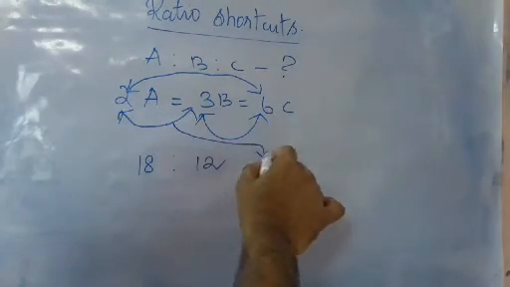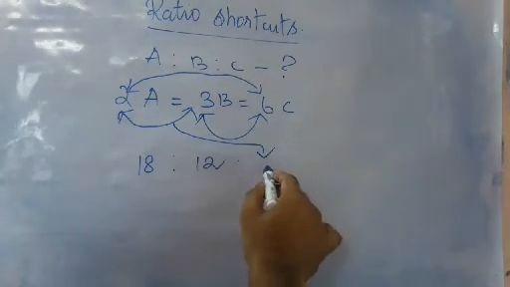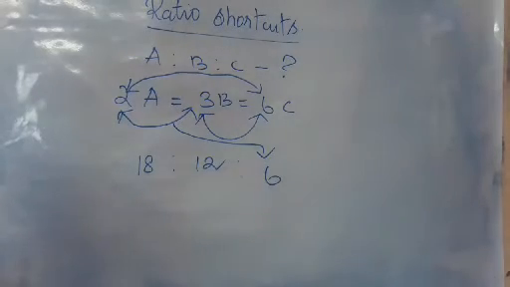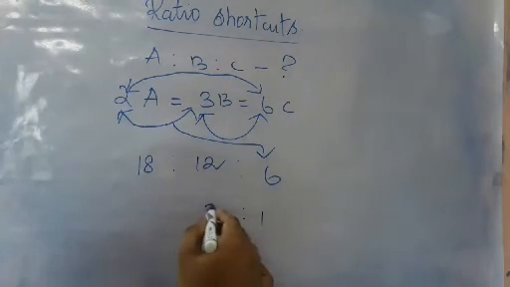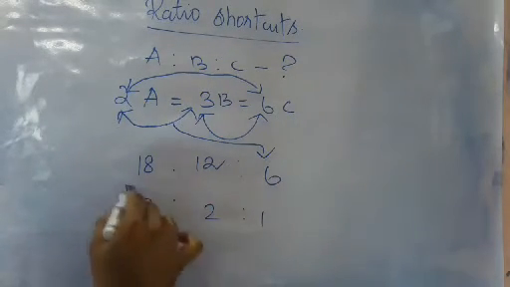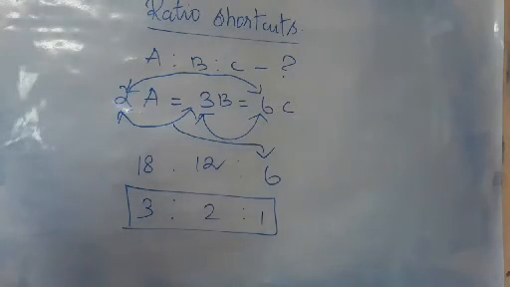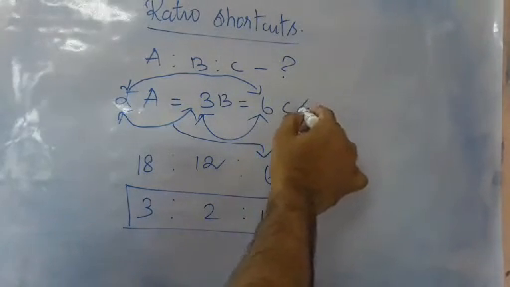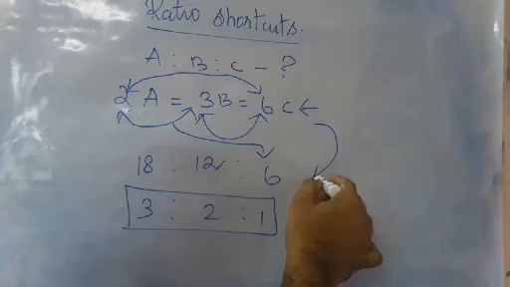Write it here, it is 6. So we can reduce this further, that is 1 is to 2 is to 3 is the ratio. If the question is in this format, you can use this method.